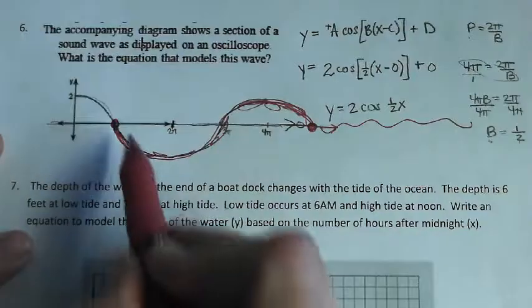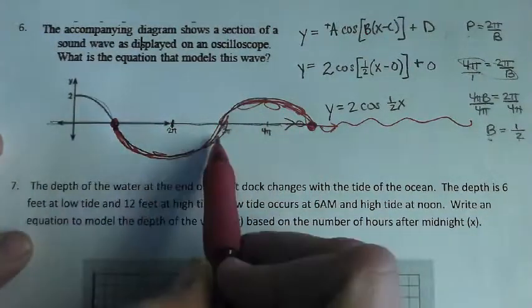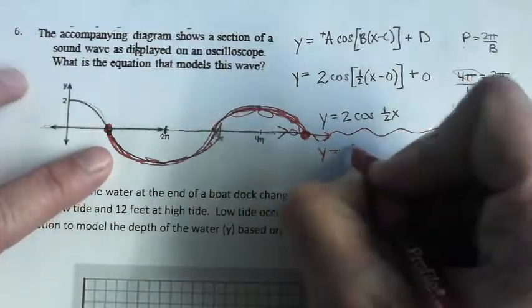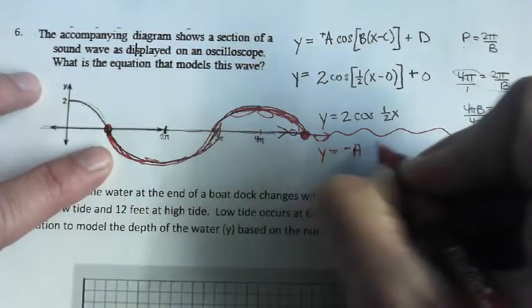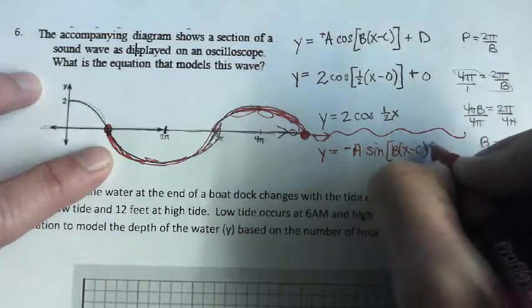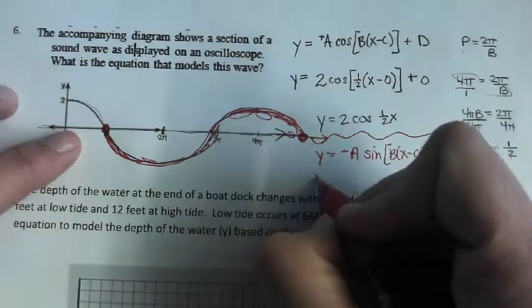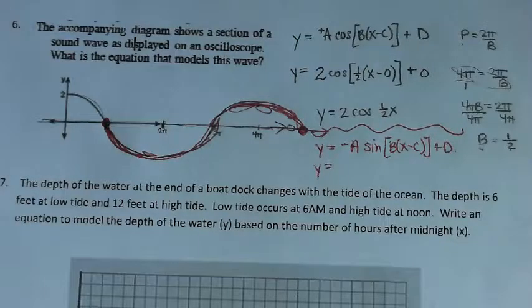What kind of graph is this cycle? A negative sine. So I have y equals negative a sine of b x minus c plus d. What's my amplitude? Did that change?